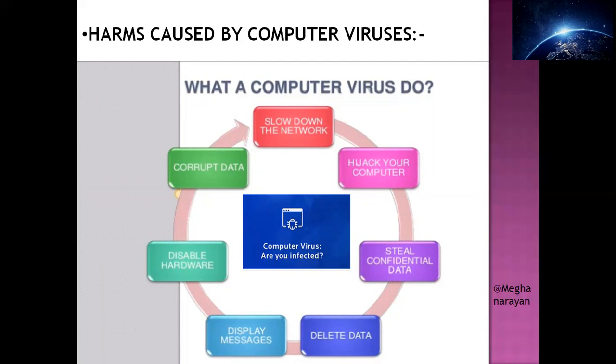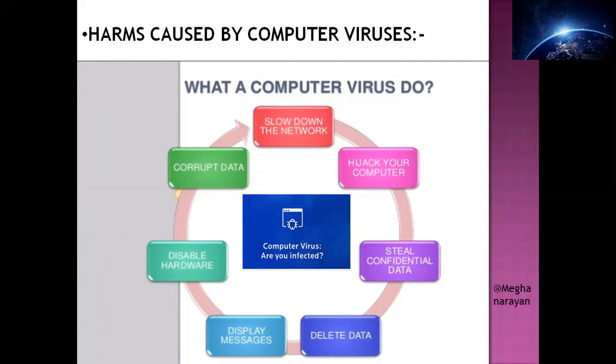They are simply coming up one by one, displaying on the screen, frustrating you. The same way, it also happens in the case of computer virus. Once it enters, it also displays certain such messages on the screen of the computer.